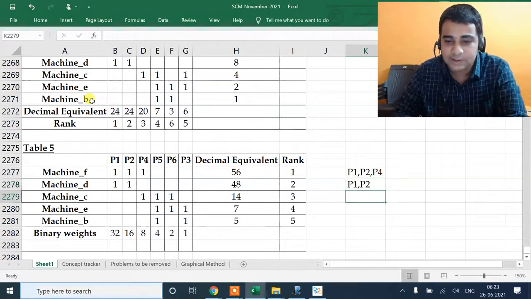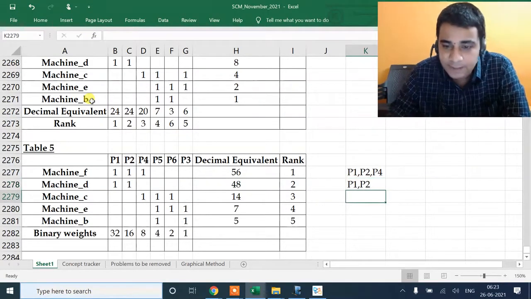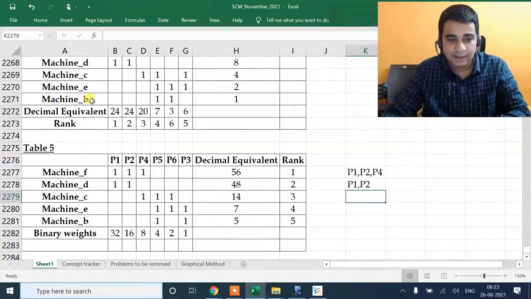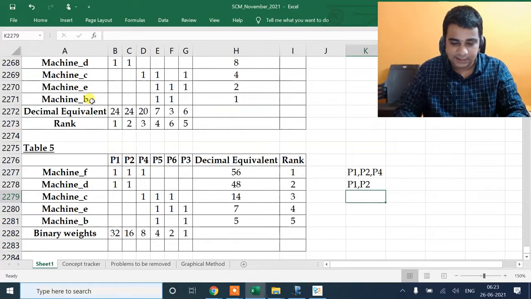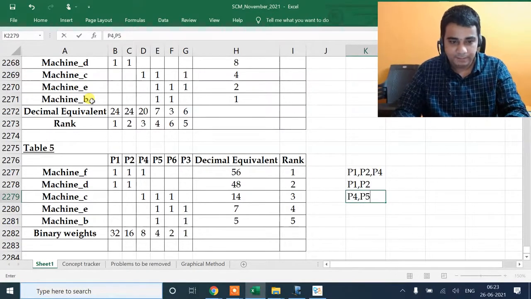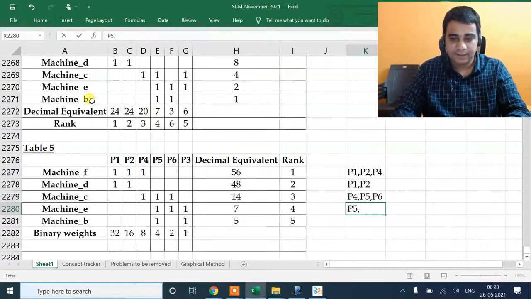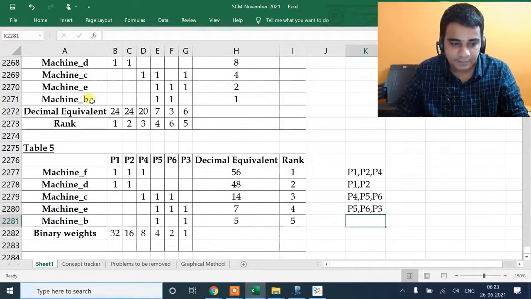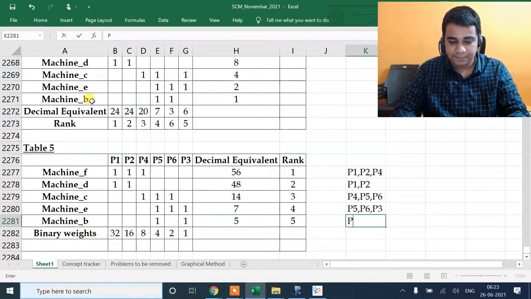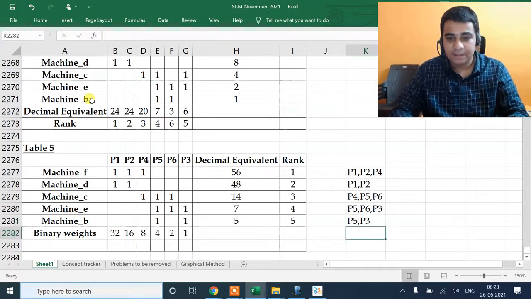Obviously I can club these two machines together as of now. P4 is also additionally processed. Then I have machine C which processes P4, P5, P6. This processes P5, P6, P3. Last machine P5 and P3.